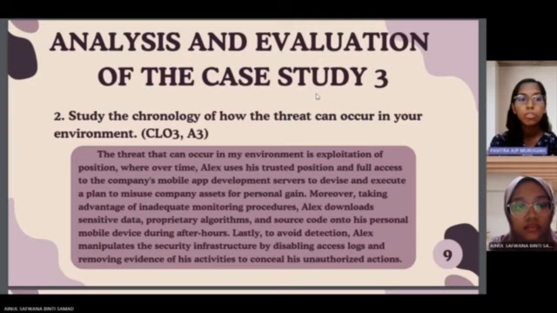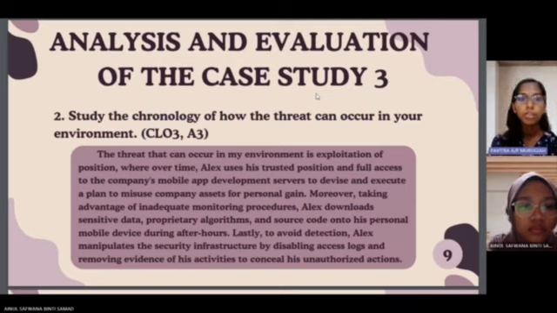Moreover, taking advantage of inadequate monitoring procedures, Alex downloads sensitive data, proprietary algorithms, and source code onto his personal mobile device during after hours. Lastly, to avoid detection, Alex manipulates the security infrastructure by disabling access logs and removing evidence of his activity.